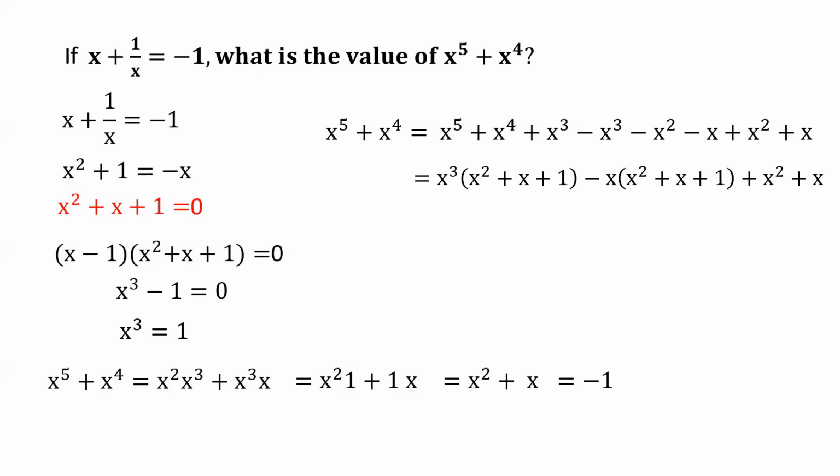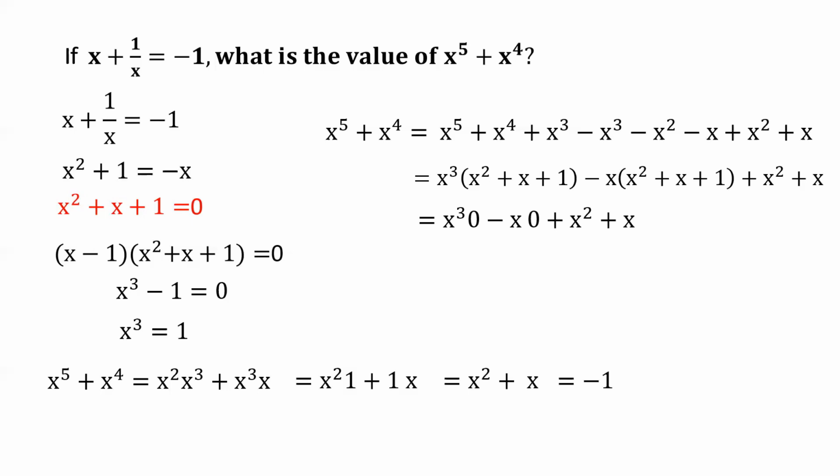For the next three quantities, minus x cubed minus x squared minus x, I can take minus x common, and within parentheses I again have x squared plus x plus 1. At the end of the expression we still keep x squared plus x. Now I refer back to the red equation: x squared plus x plus 1 equal to 0.